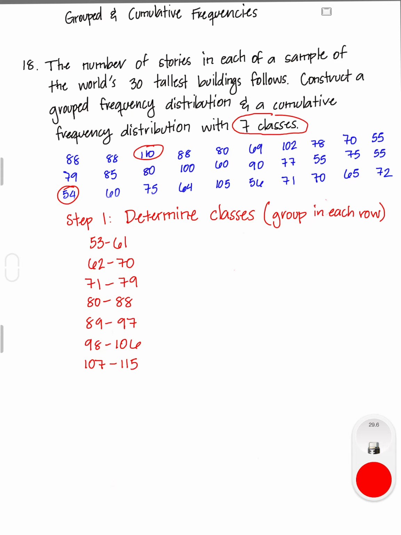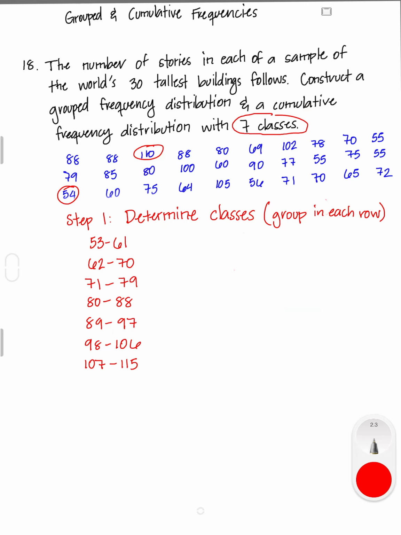Now we also need to find our class boundaries, right? What are the class boundaries? Basically, we notice how we are jumping from 61 to 62, and then from 70 to 71. Well, there are still decimal values in between our classes.